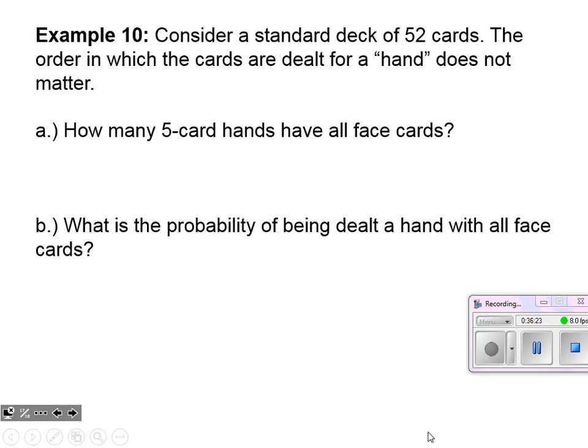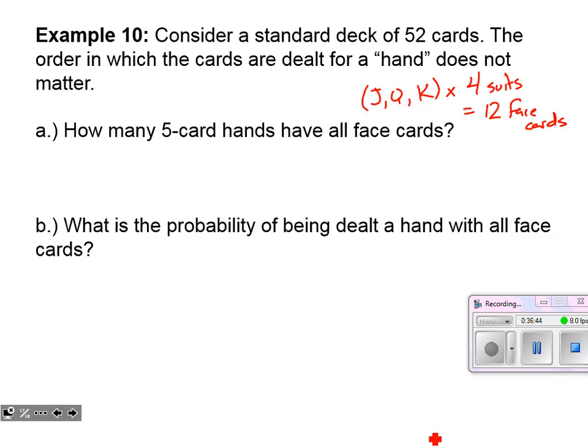Okay, letter A says, how many 5-card hands have all face cards? Well, remember, a face card is a jack, queen, or king times the 4 suits. So there are 12 face cards in the deck.